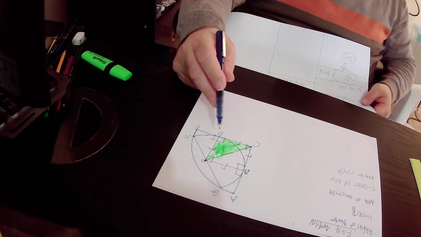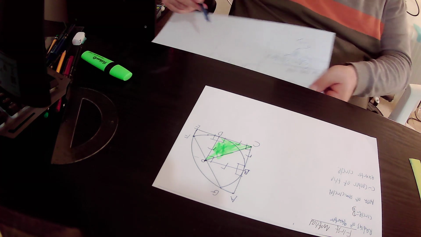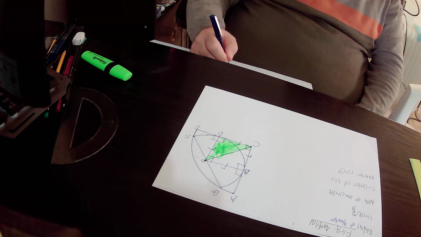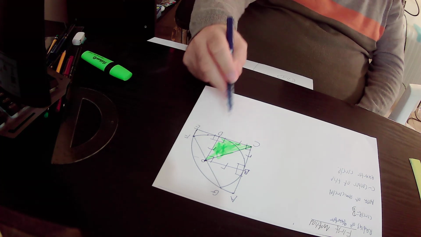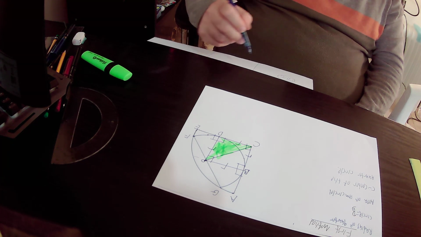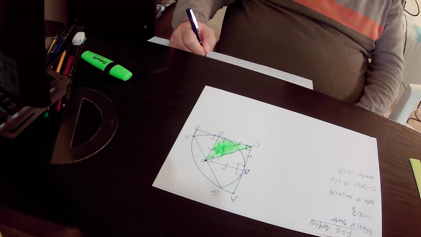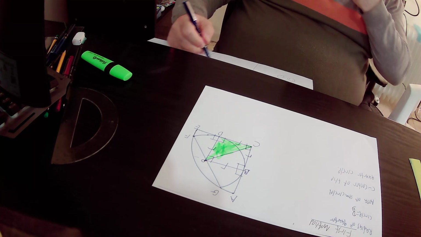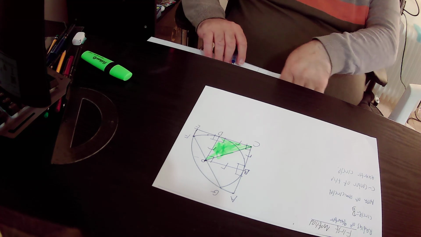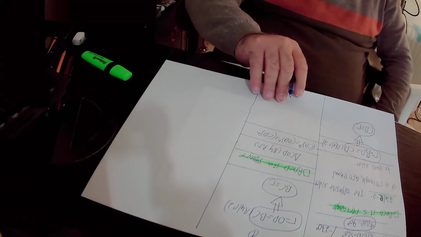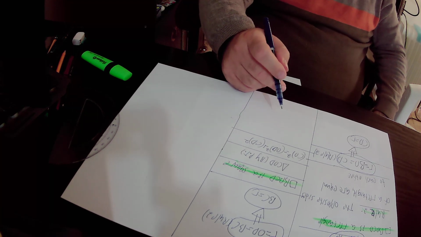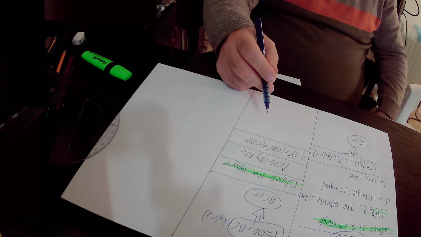That is to say, CO square equals OD square plus CD square. I repeat again, in the right triangle COD, according to the Pythagoras theorem, CO square equals OD square plus CD square.